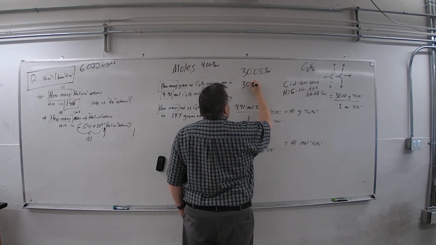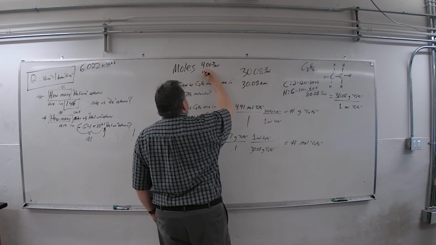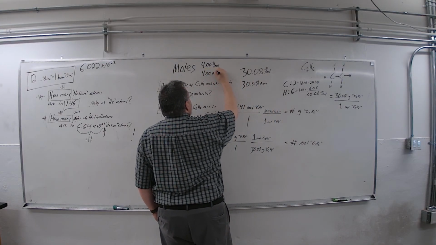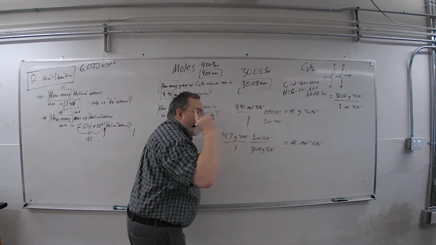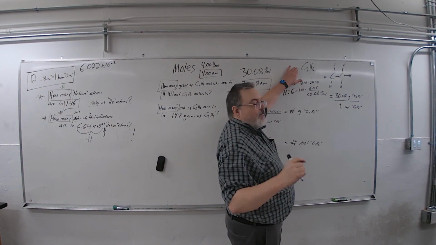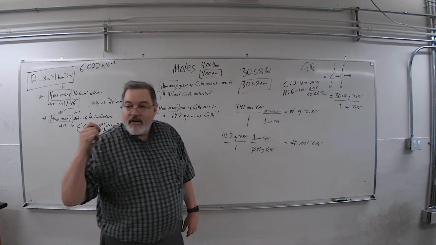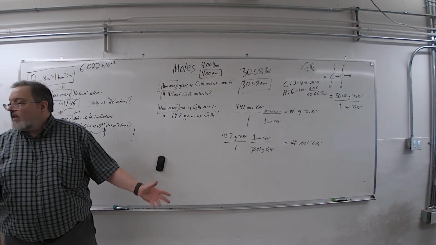The book will go through using AMU. In that, the atomic mass unit is for 1 atom, or 1 single molecule. It's a very, very tiny measurement of mass. We don't use that.